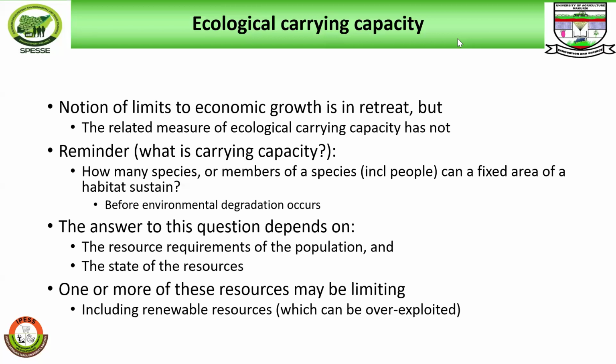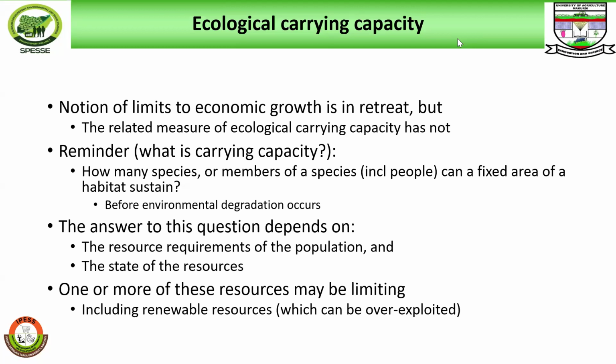It is how many species or members of species a fixed area of a habitat can sustain before environmental degradation occurs. And the answer to this question actually depends on what are the requirements of that population, what are the requirements of that species, and what is the state of the resources.